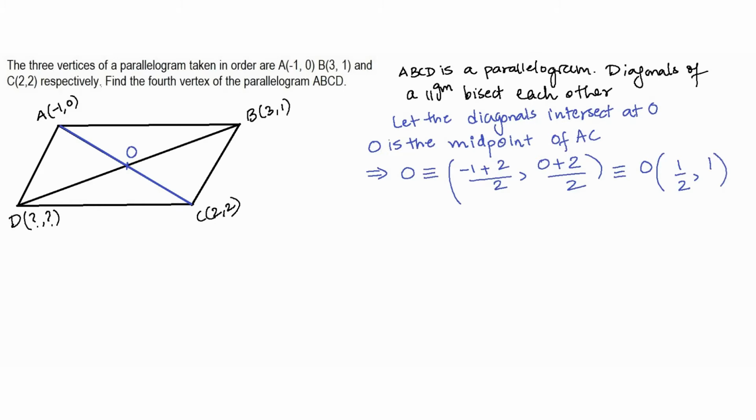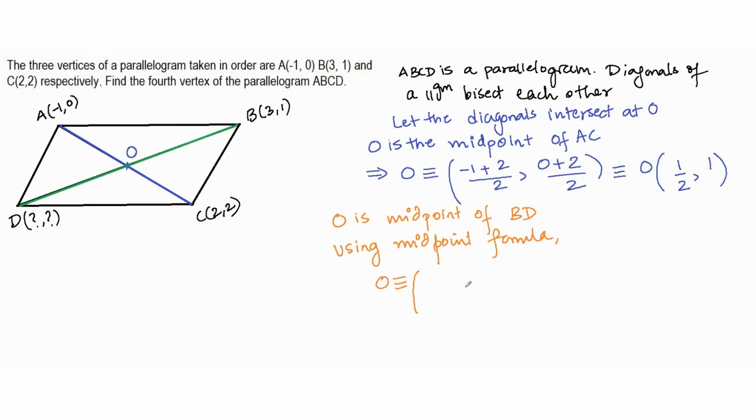Now similarly, I also know that O is also the midpoint of BD, and therefore using the midpoint formula, I can find the coordinates of O. So coordinates of O therefore are, now I am using the coordinates of B and D because I am considering O is the midpoint of BD.